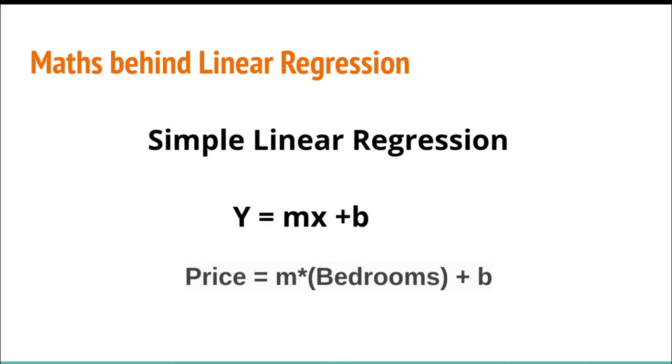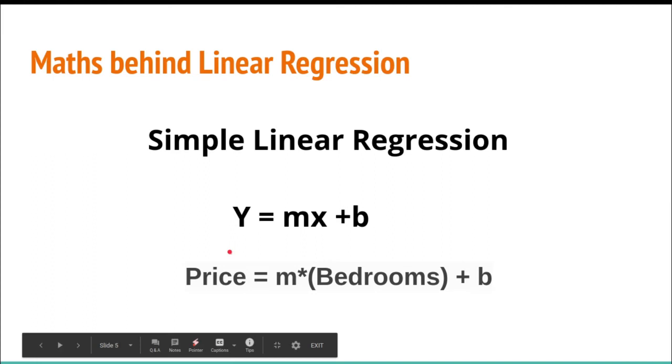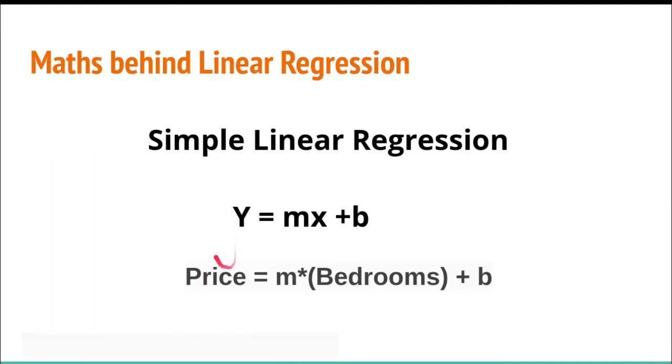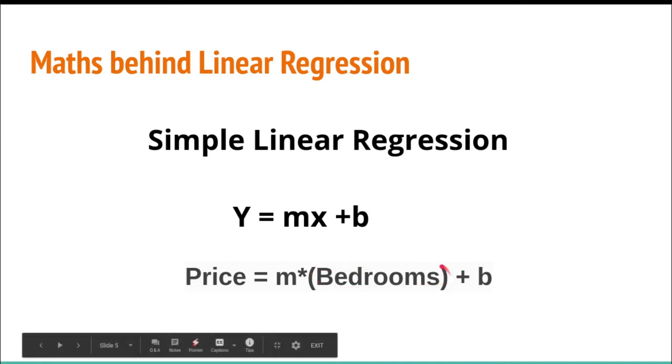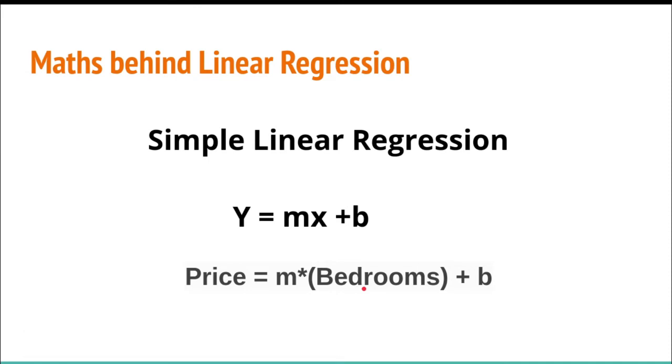Suppose that I want to predict the price y. So y is my dependent variable which I want to predict, and I have a number of bedrooms. If the number of bedrooms is 3, the housing price is this. If the number of bedrooms is 2, the housing price is this. Something like that.